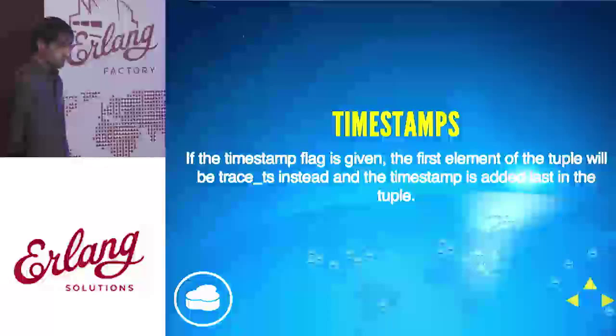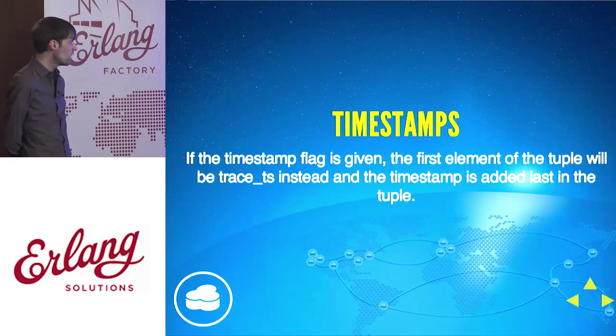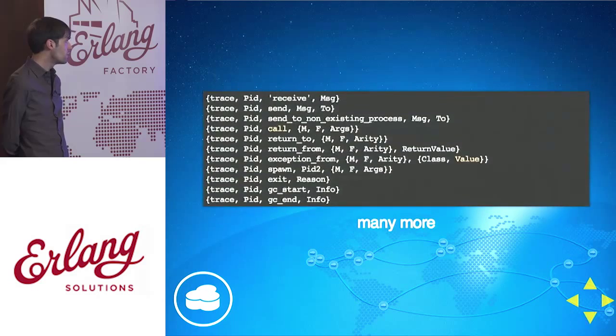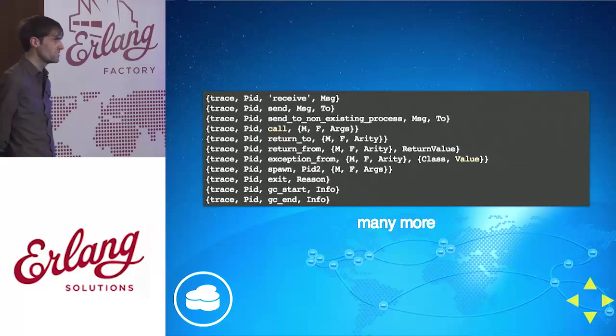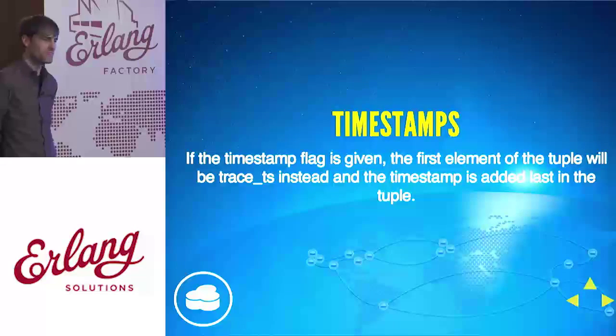So timestamps are another thing I mentioned earlier. The timestamps are actually appended to these tuples, and then the trace atom at the beginning becomes trace underscore TS. So you will have to handle different tuples in your tracer if you decide to enable this. The caveat is the timestamps actually cost a lot.